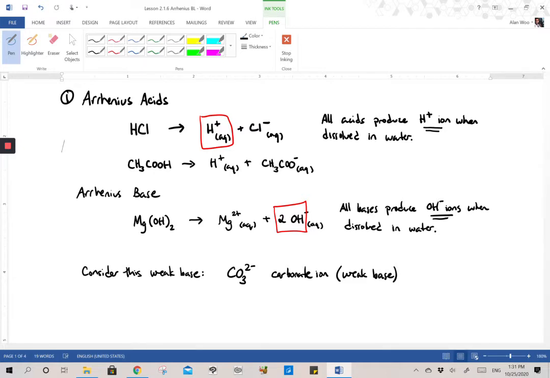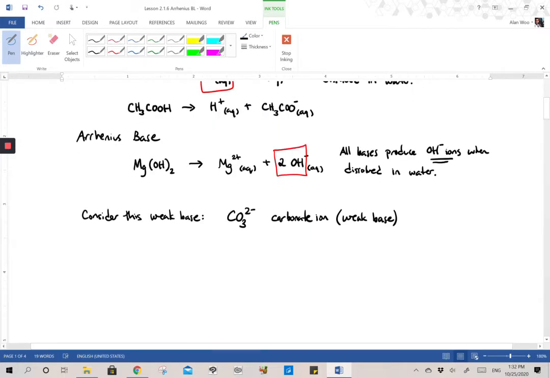This weak base, when you dissolve it in water, doesn't break up into hydroxide ions, so it doesn't form OH- ions.